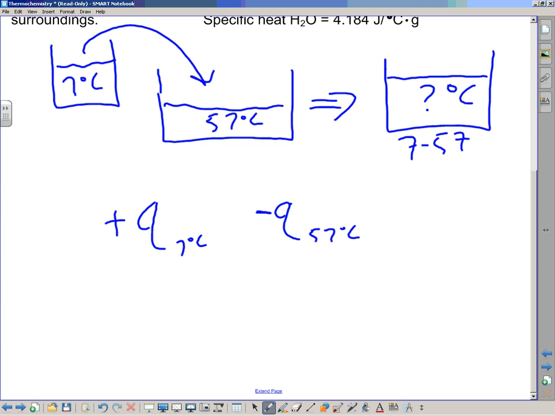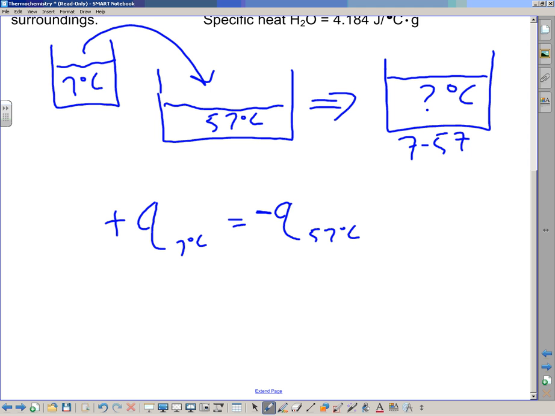And since there's no heat loss, are those two values going to be the same? Yeah, so we can set those equal to one another. Right? Okay, so now instead of Q, I'm going to substitute the rest of the equation in there. Q equals ms delta T, yes?